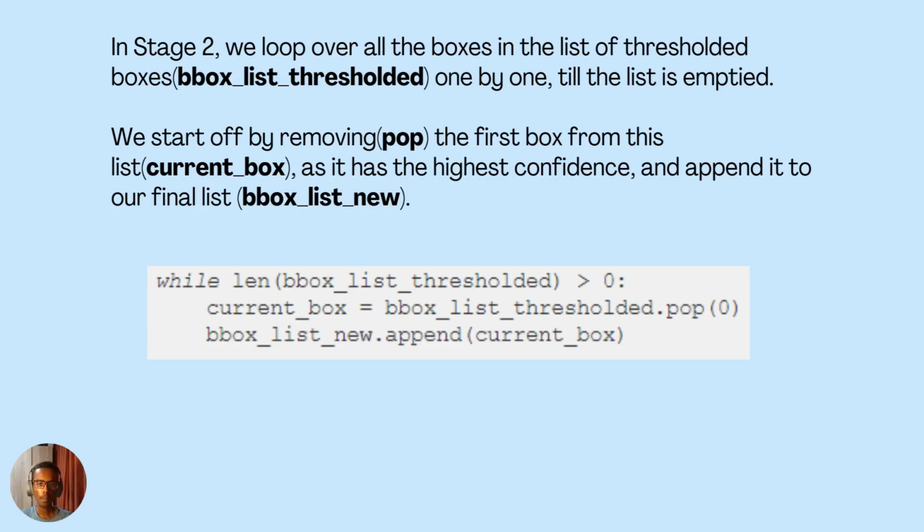And first we pop the first element in the list, because since we arrange them in descending order, the first element has to be the one with the highest confidence score, and then we assign it to the variable current box. And then we append the current box to the bbox list new list, because it is the one with the highest confidence score.